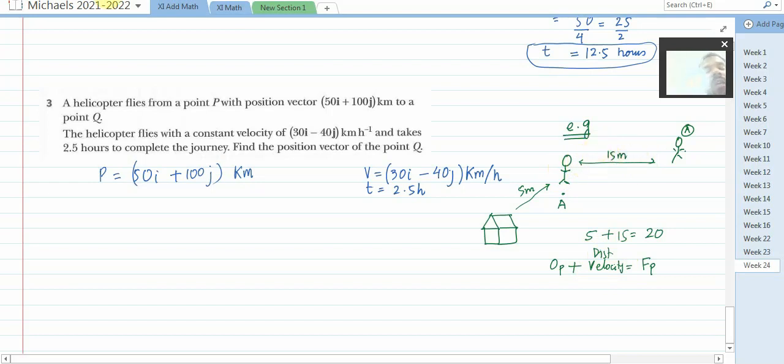Alright, now if I relate the same example to my question, we are looking for the final position of the helicopter, right? We know the initial position, that is the initial position of the helicopter, plus the distance or displacement traveled.